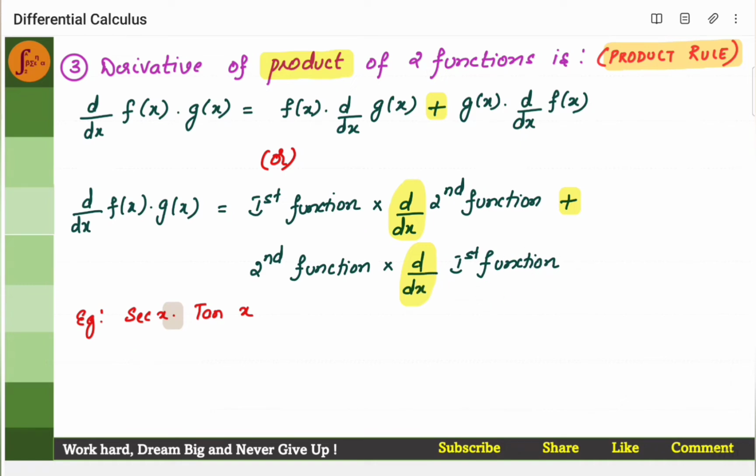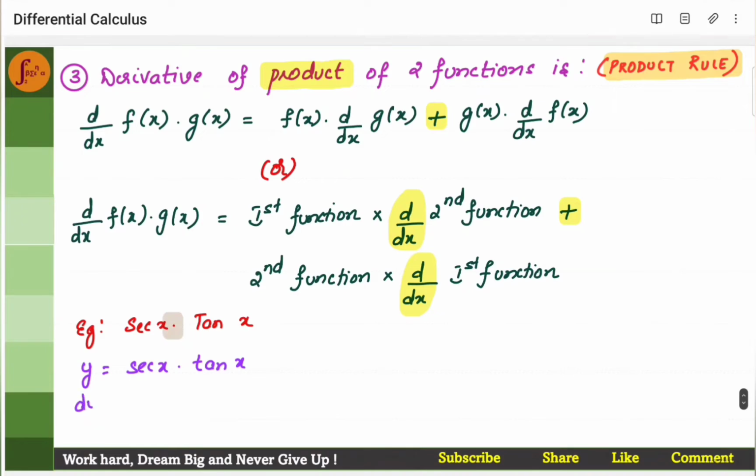Now let's take this particular example, secant x into tan x. So we'll assume y is equal to secant x into tan x. Therefore, dy by dx, right? We write the derivative as dy by dx. Dy by dx is equal to first function, right? Let's take this as f of x and this as g of x, right?